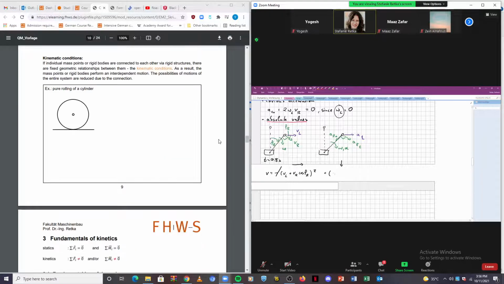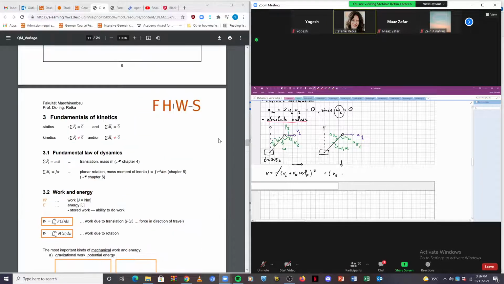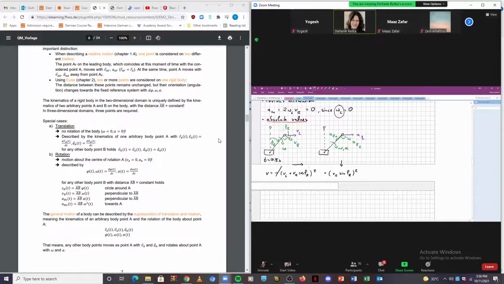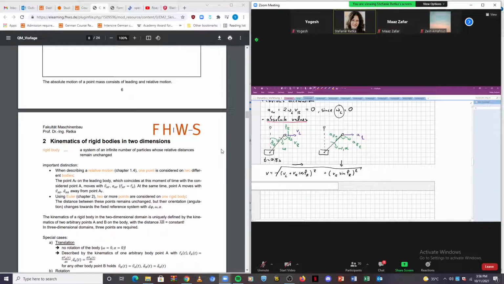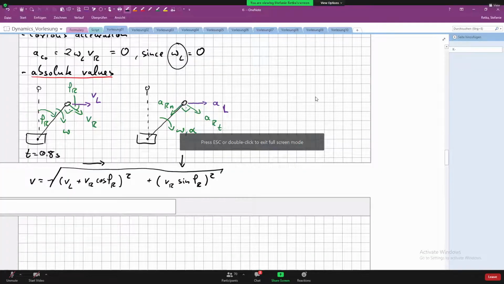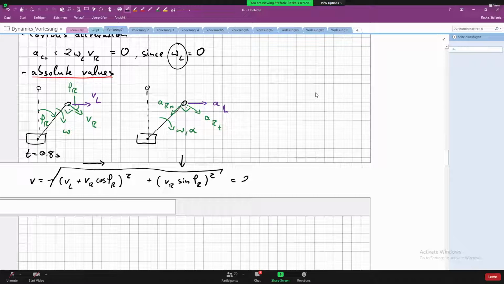So it's VR sine phi r squared. We do know all these components. We know the velocities, we know the angle, and then we can just apply the variables to our calculator, and we obtain 2.49 meter per second.